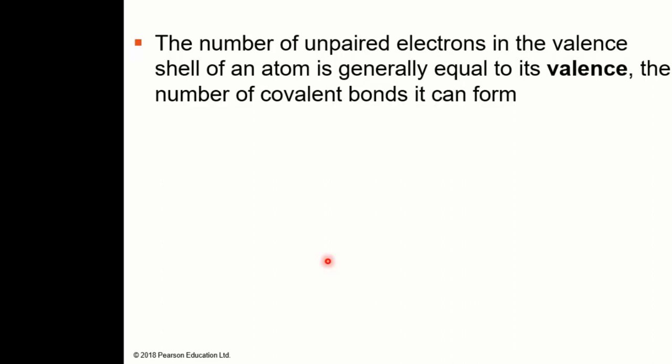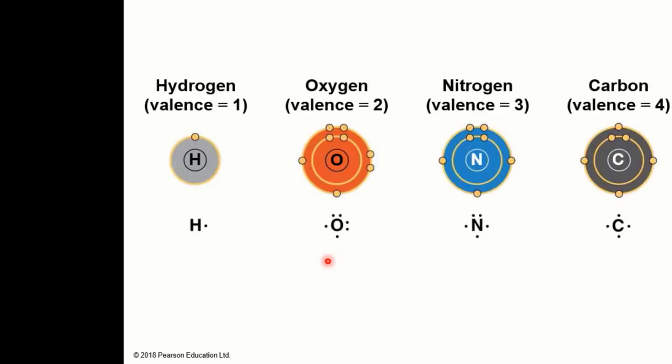So the number of unpaired electrons in the valence shell of an atom is equal to its valence. Therefore, that is the number of covalent bonds that can be formed by those valence electrons.